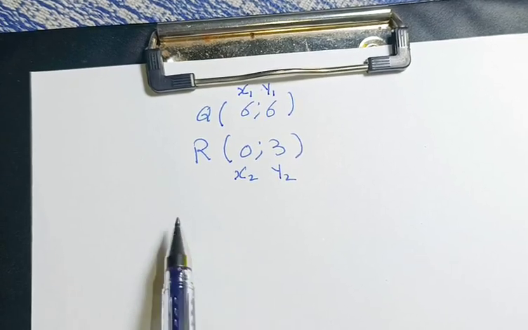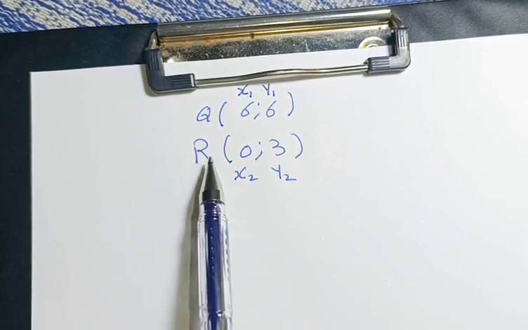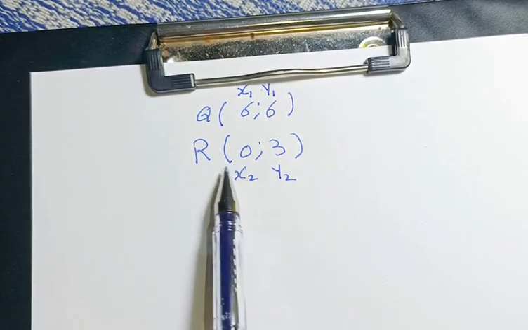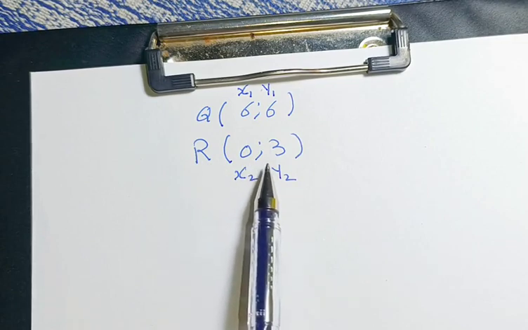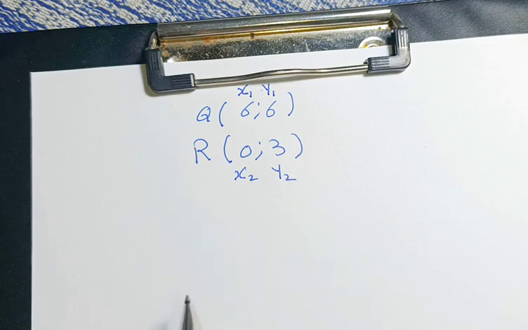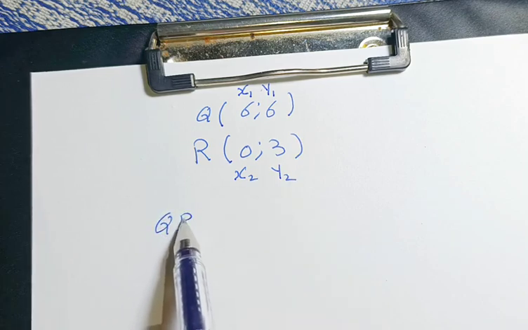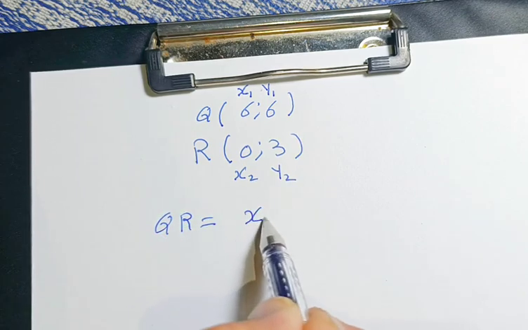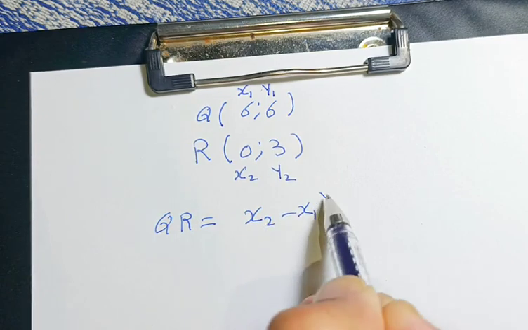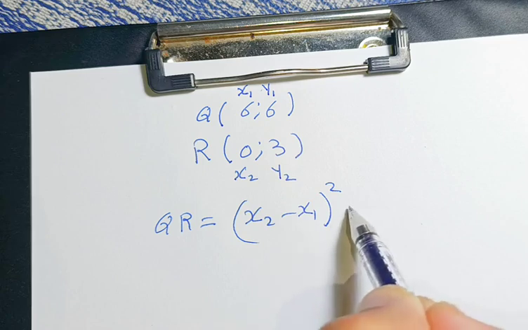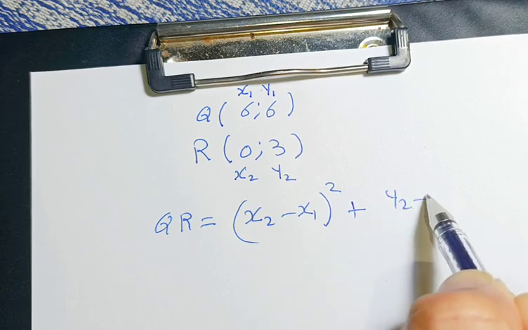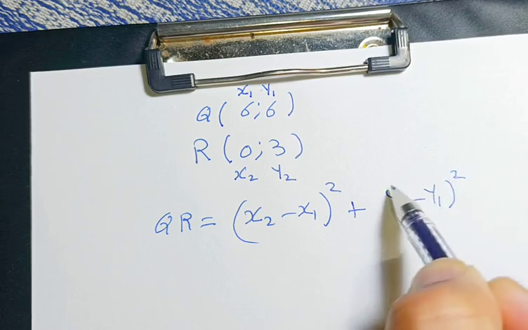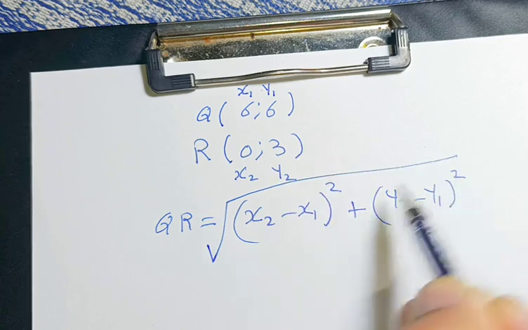So these are the coordinates of Q and R, which we have 6 and 6, and our other coordinates we got 0 and 3, x1, y1, x2, y2. I plug it into the distance formula, which is x2 minus x1 squared. You can say x1 minus x2 squared, it also doesn't matter. Plus y2 minus y1 squared, square root.